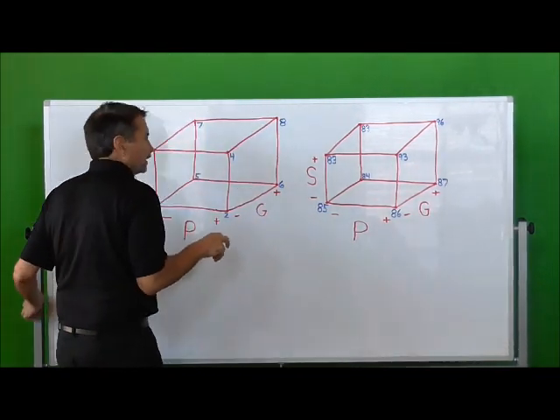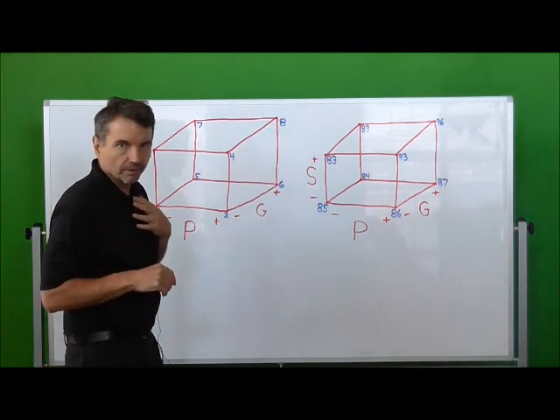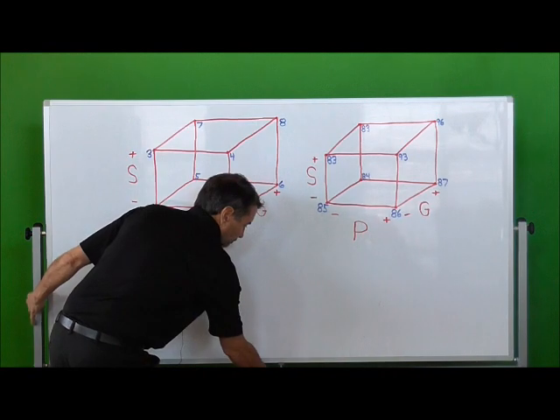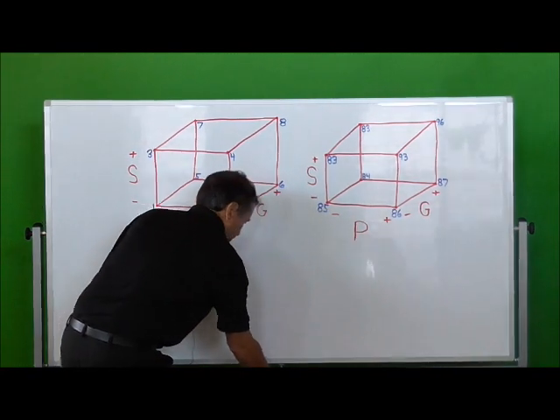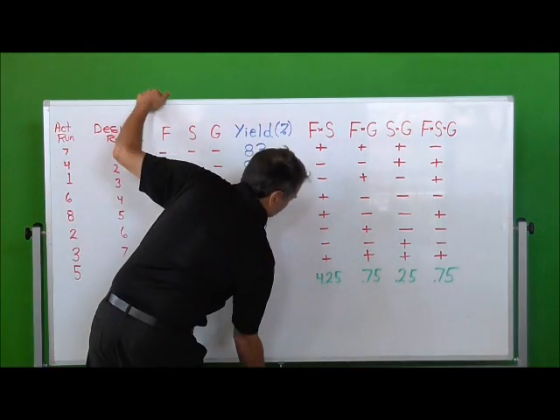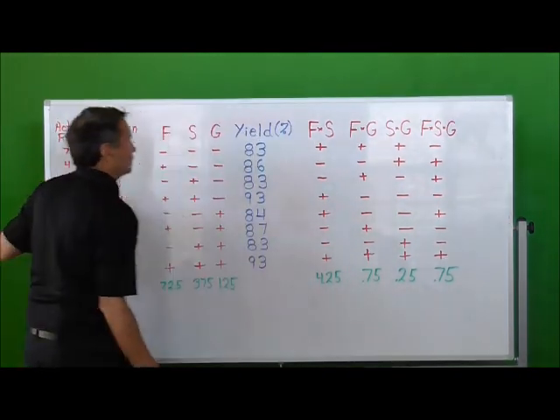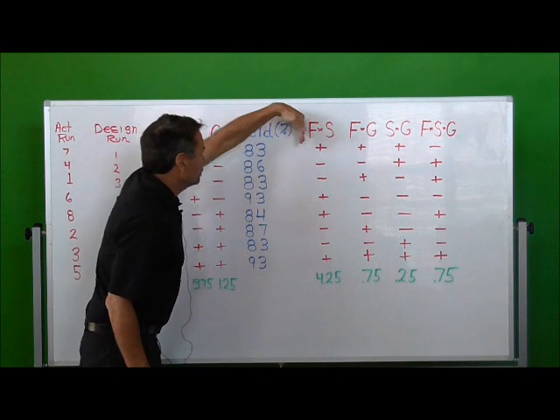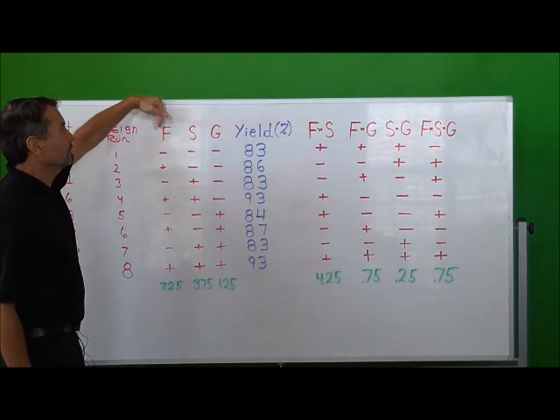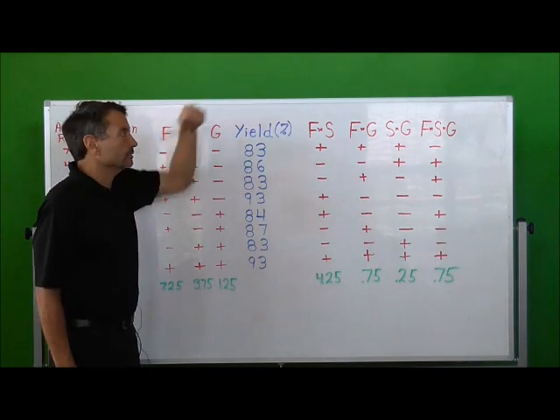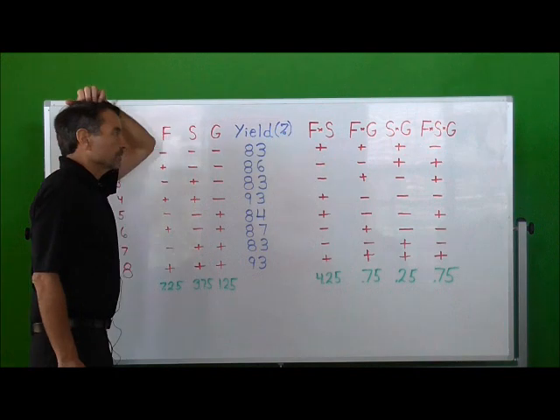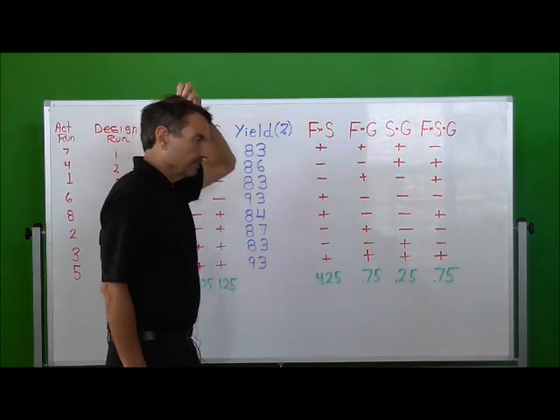So let's determine an analytical method of determining what the factors are. So we'll get this board switched over. One more time, we've got our design run, our actual run, our force, our speed, our gravity, and our yield coming out. What we're going to do next is come up with what's called a table of contrast.